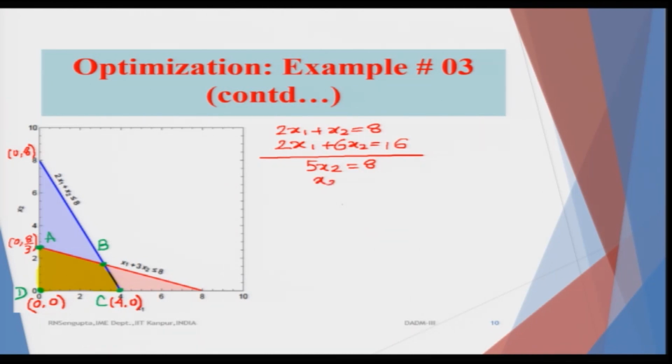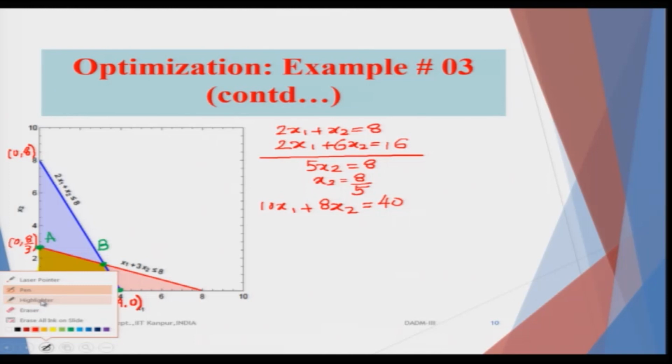So, x2 is 8 by 5. So, I put up here multiplied by 5, so it's 10x1 plus 8x2 is equal to 40. Sorry, it should not be x2. So, this is already taken care of. My mistake.